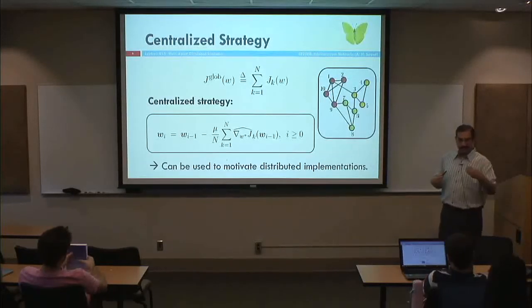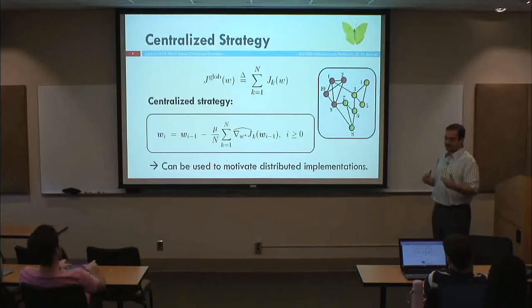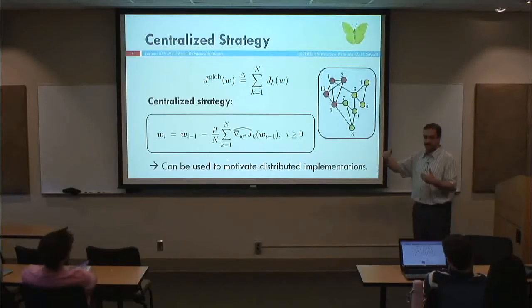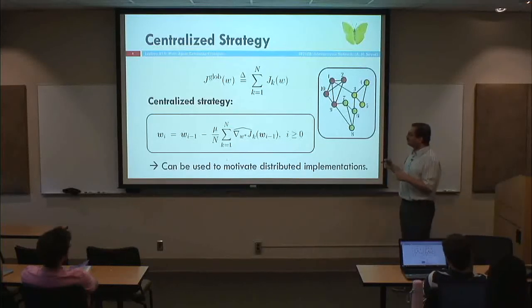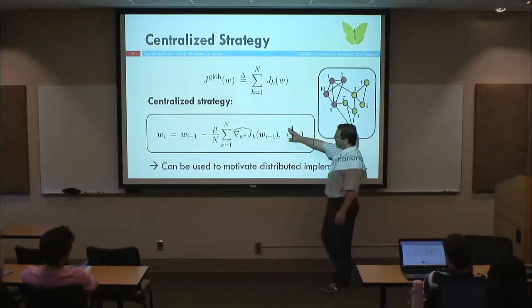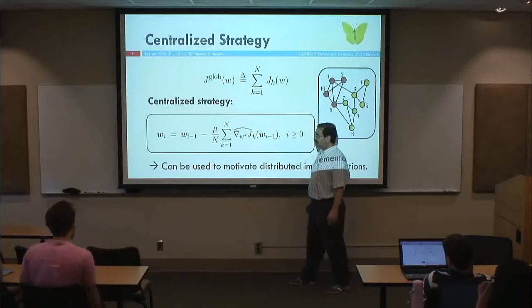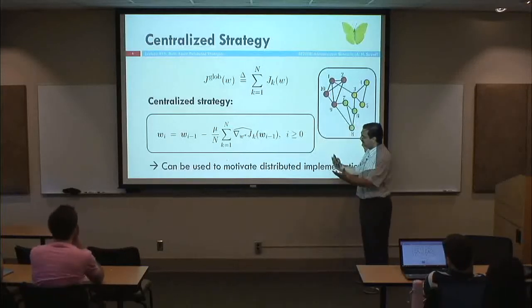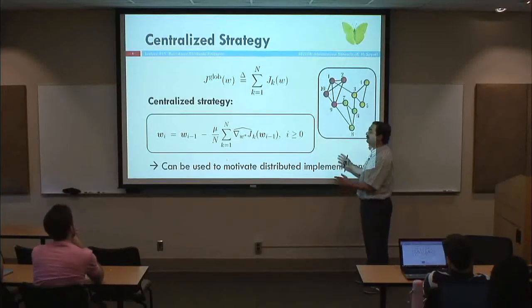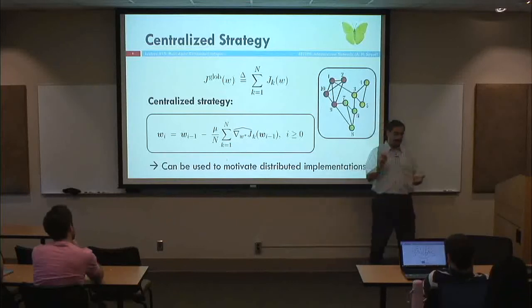I'm going to derive the distributed strategies in one particular form. There are many other ways by which you can derive these strategies more formally. I'm going to derive them in a more intuitive way. I don't need to derive it very formally. I just want to get them from the centralized solution, motivate them in an easy way for you, and then later we are going to study their performance in great detail.